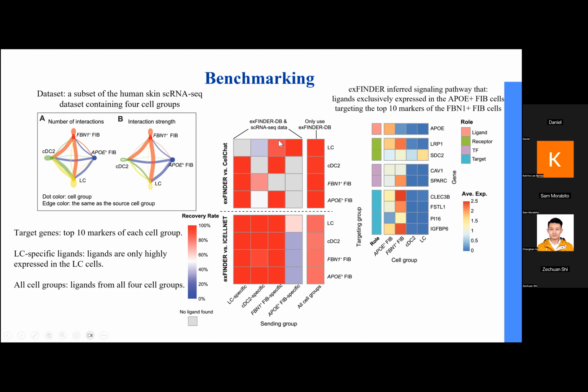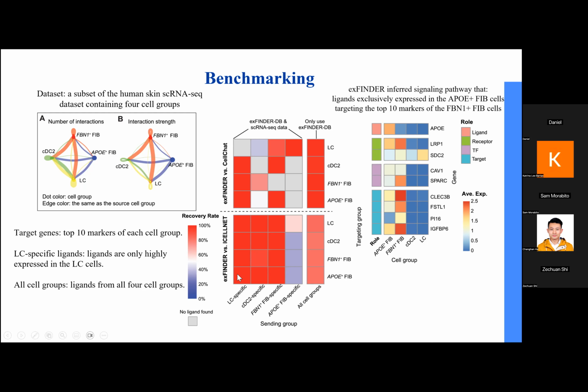And then for the main part, these are some cell population group specific communications. For example, this LC specific communication means the ligand is only highly expressed in the LC cells, talking to this APOE plus FIB cell.